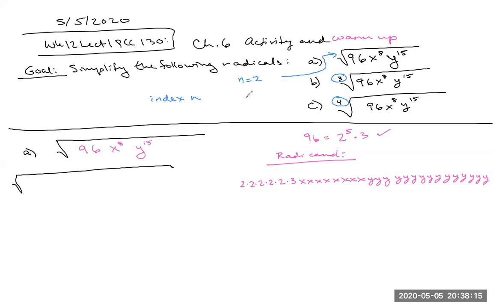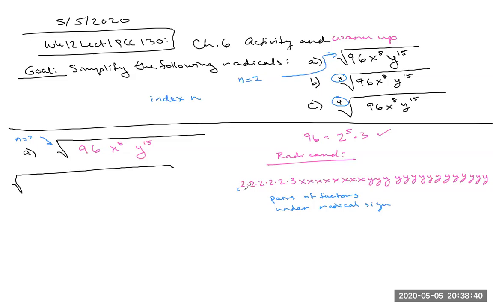Okay, you have a square root here, which means n is equal to 2. So you want to look for pairs of factors under the radical sign. So let's go ahead and do that.